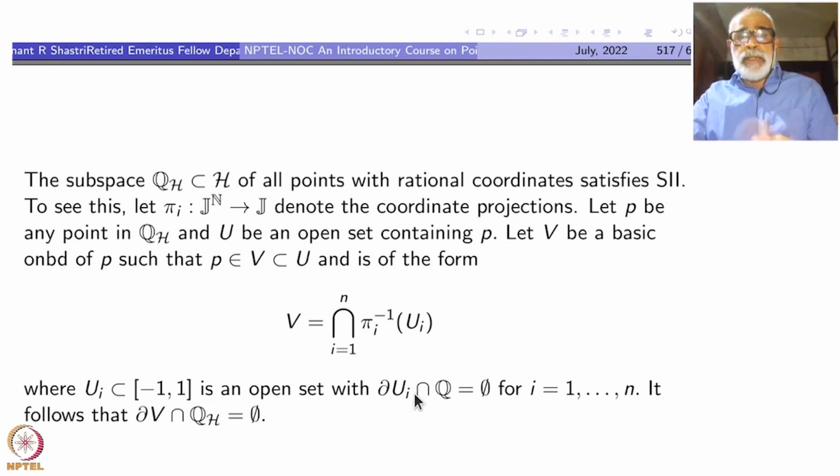Both the points must be irrational. That means boundary of u_i intersection Q is empty. This is done in the interval for each i up to 1, 2, 3 up to n. Then you take the inverse image of u_i under pi_i, take the finite intersection. That is V.